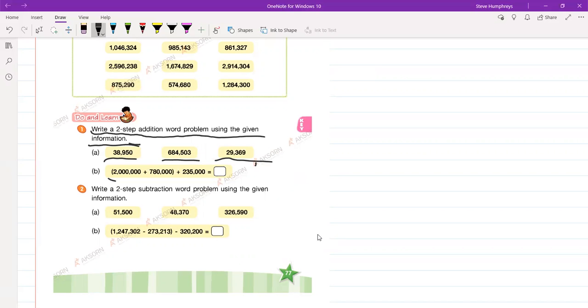B, they give a number sentence. Create a subtraction, addition word problem. Number 2, write the two-step subtraction word problem using the given information. So these, here it gives you 3 numbers.